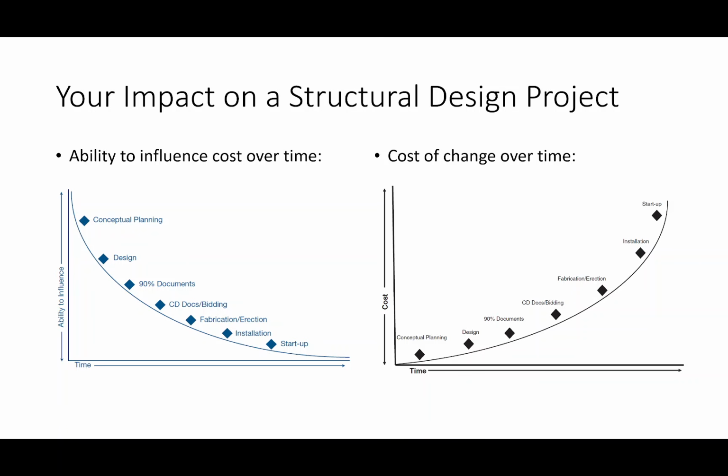For example, in the beginning phases of a project, the conceptual planning doesn't cost that much money, but those decisions have a very significant impact on the cost of the project over time. On the flip side, once the project has started and you're erecting and fabricating it, you really don't have much influence over the cost. If you wanted to change the framing after you're on the ground floor, after you're putting the roof on, that's going to be some money. That's going to be a change order. So you just need to keep that in your head.